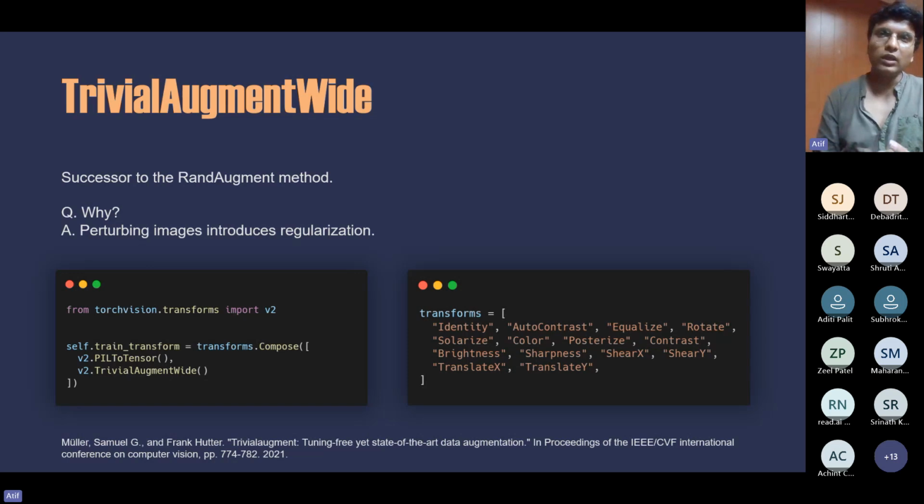More importantly, if you want to ask a philosophical question, as in why are we doing data augmentation? Just taking a step back, not talking about TrivialAugment Wide and so on. You are doing data augmentation because there are many factors, but one of the important factors is perturbing images. Basically, adding noise into your images improves regularization.